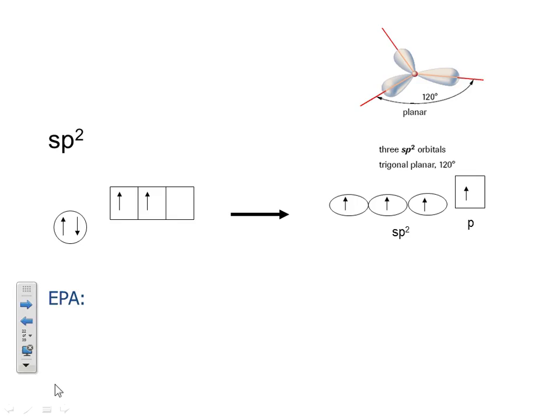Then we have something called sp hybridization. Now, in sp hybridization, we still have our s orbital and our 3 p orbitals, but we only use 2 of the p orbitals.